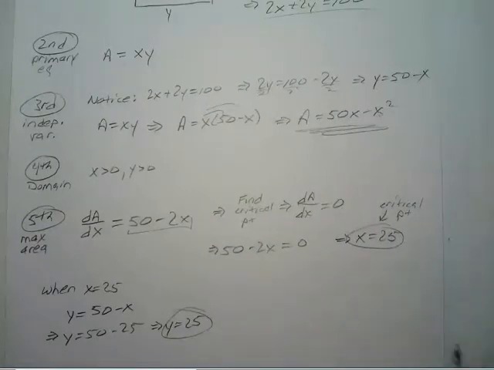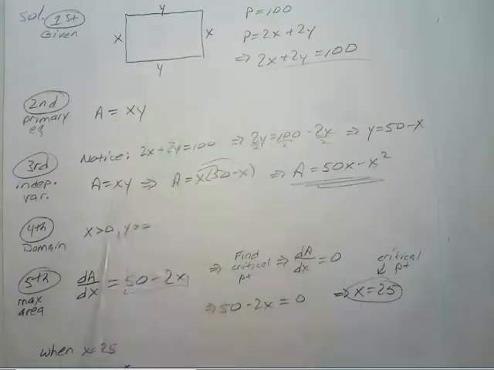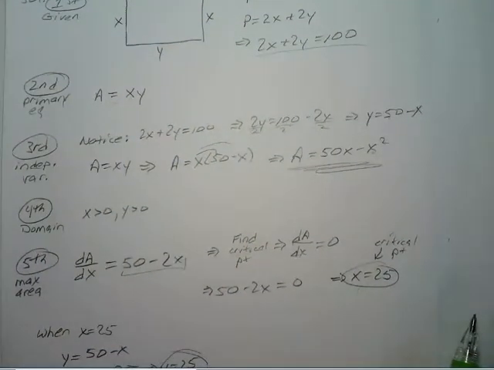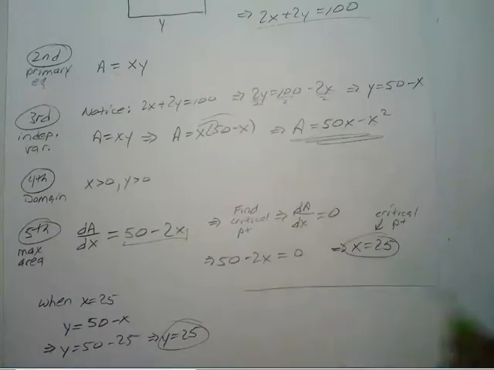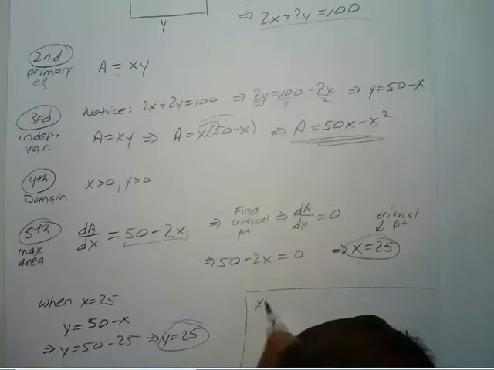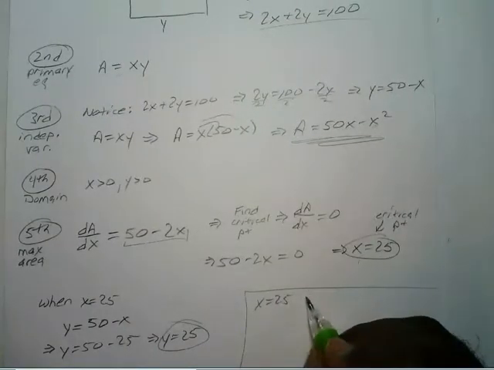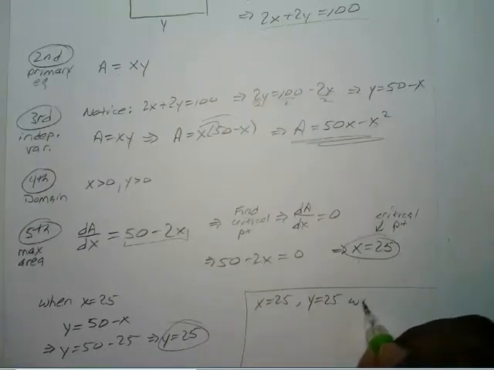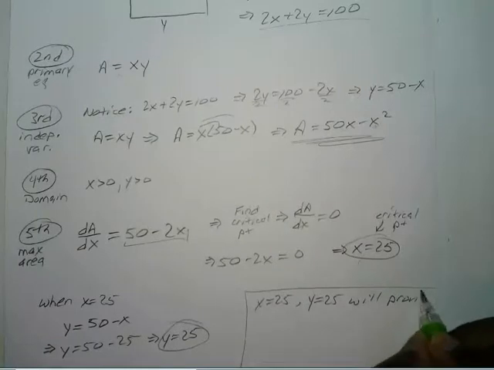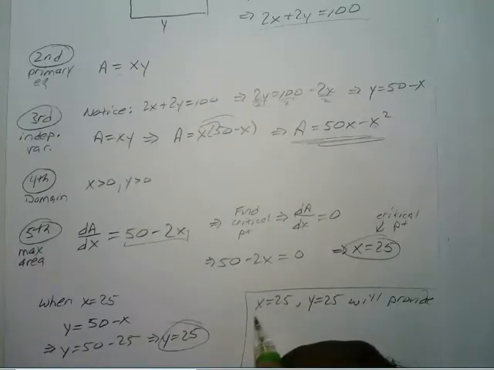Okay, so if you make x equals 25 and y equals 25, that will give you the maximum area if your perimeter is 100. Okay, so x equals 25, y equals 25 will provide the maximum area.